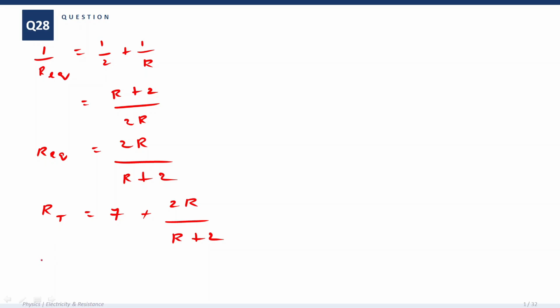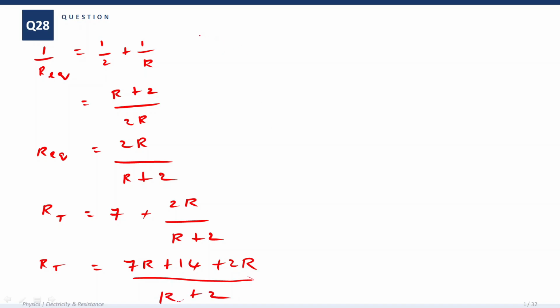Then RT equal to, I will take LCM, 7R plus 7 into 2, that is 14 plus 2R, whole divided by R plus 2.